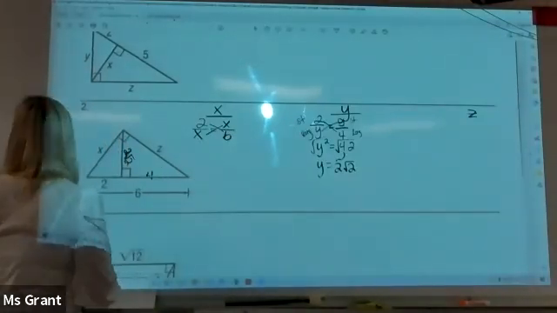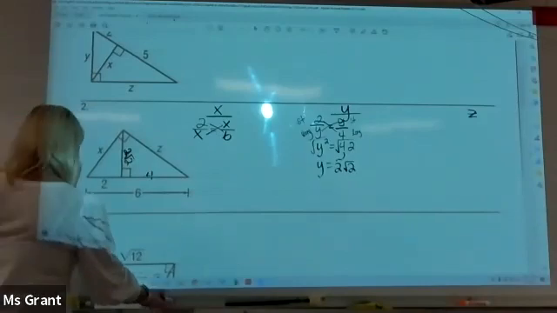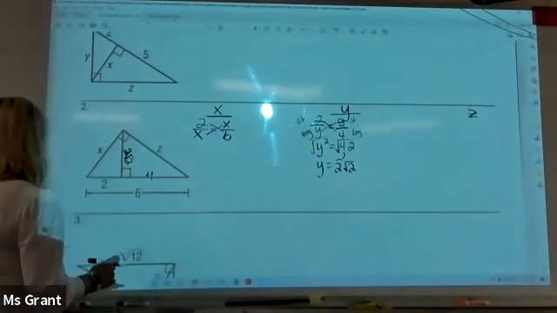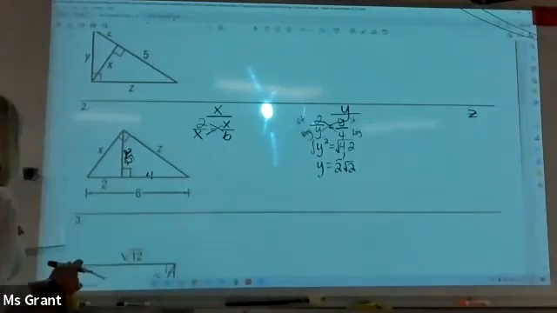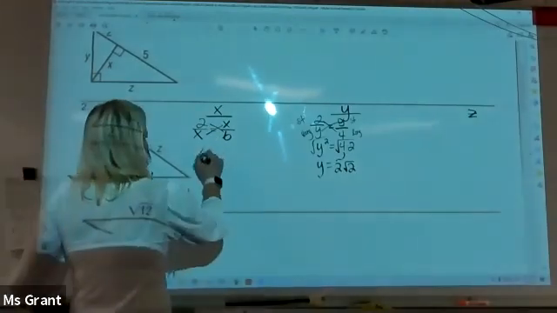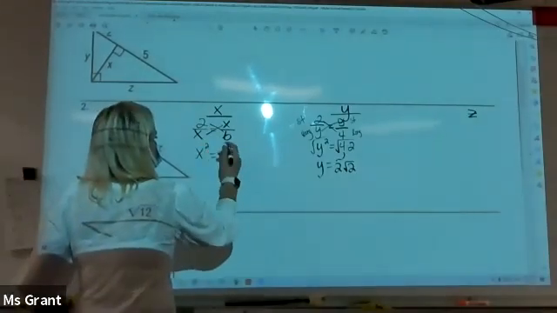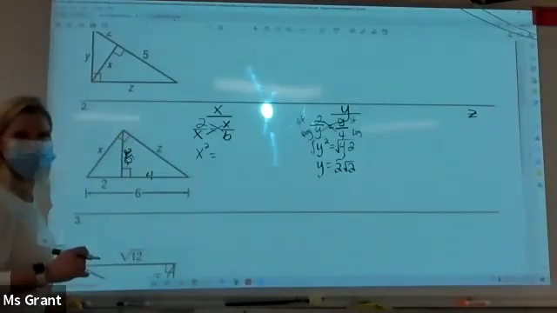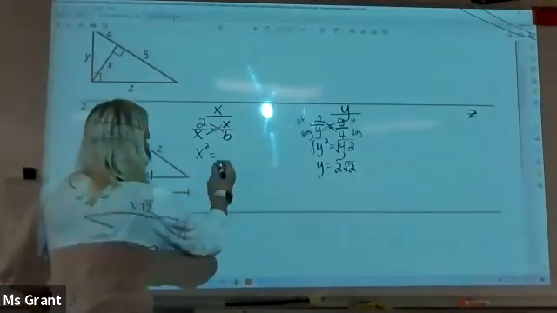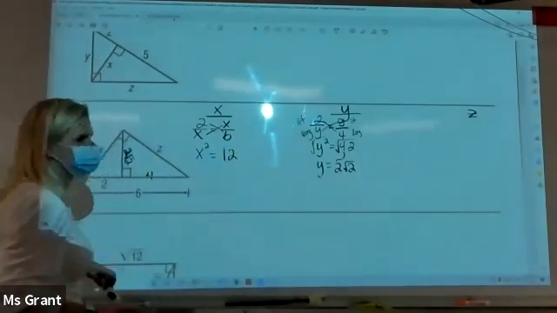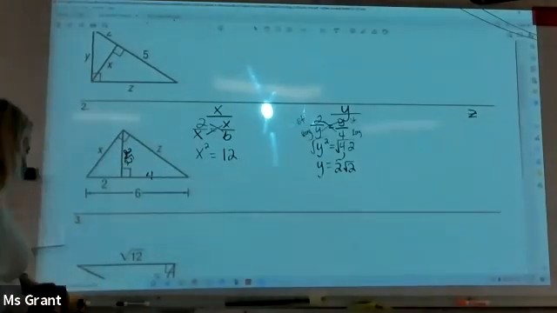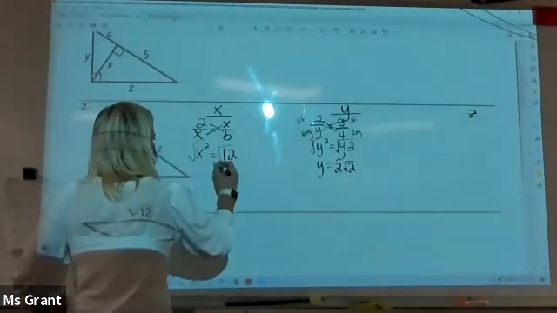So, I've got x squared equals, and this doesn't do anything. This 6 is not a perfect square, 2 is not a perfect square. So I'm just gonna have to do 12, which is fine. Square root both sides.